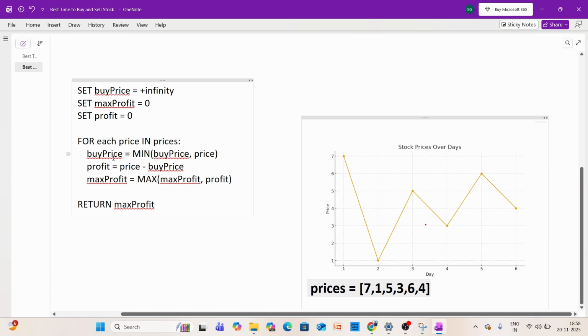In that way we will also update our maximum profit, using the max function. Between the maximum profit and the profit, whichever value is maximum will get updated here. After the iteration is completed for the entire array, we will have the value of our maximum profit, and that will become our final result. So this is the simple approach.